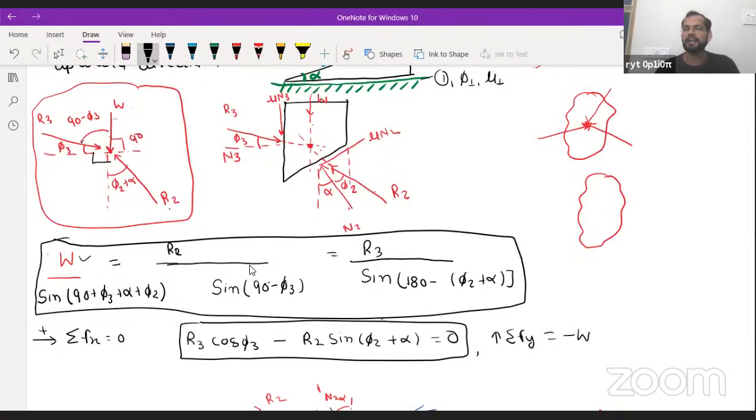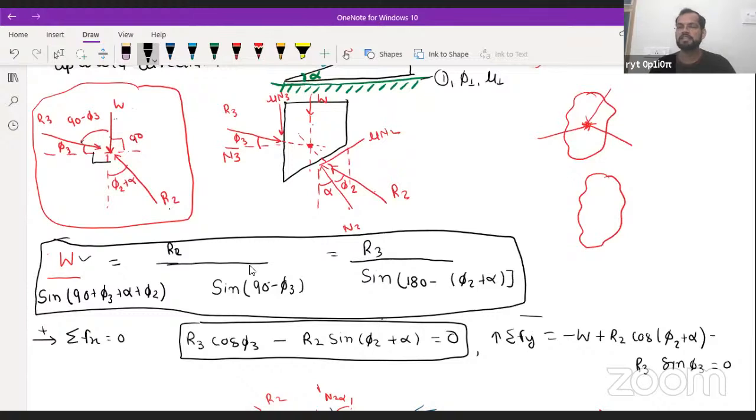That means it will be equal to minus W plus R2 cos phi 2 plus alpha minus R3 sin phi 3 is equal to 0.